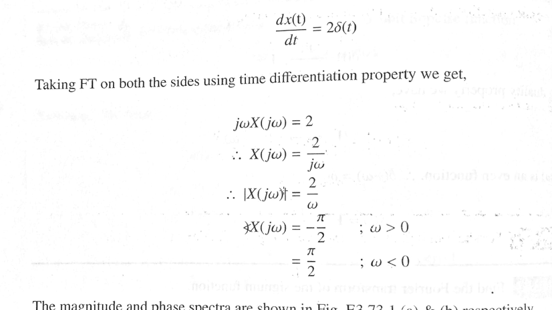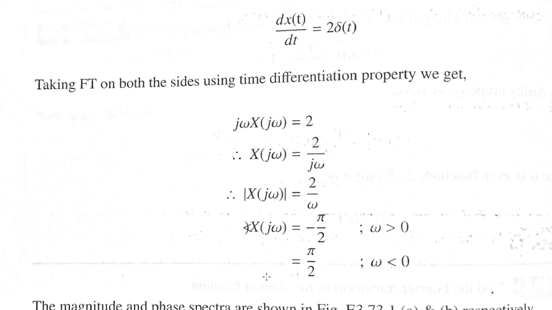We need to go for finding its magnitude as well as the phase. The magnitude of this one is going to be 2 by omega, because it is 2 divided by the root of omega square, as the real term is 0. And the angle, now how to find this angle?